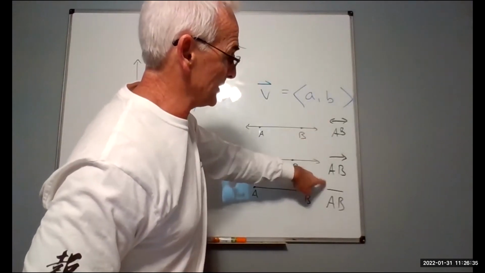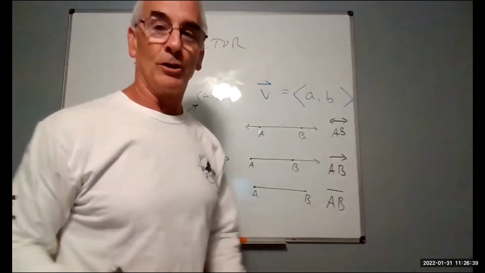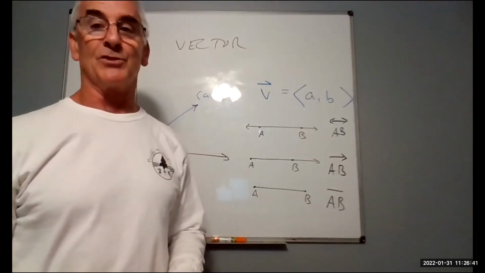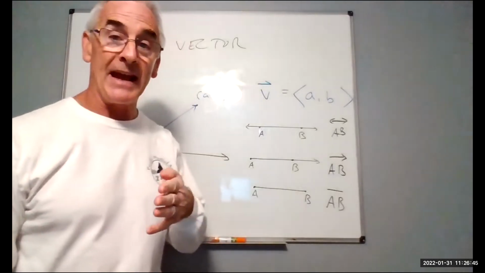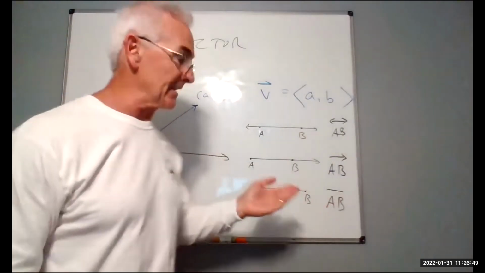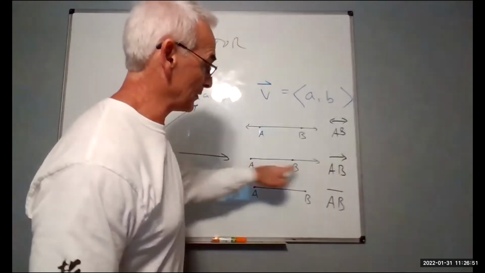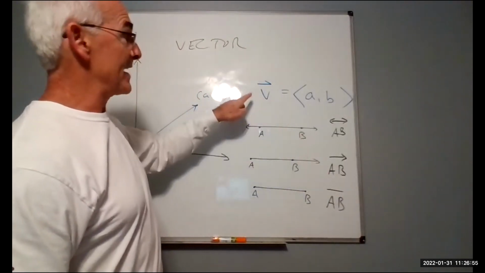Where it can get confusing in the vector sense is vector notation looks a lot like the notation for a ray. It isn't, but there are similarities. A ray has a beginning and it goes in one particular direction. So the second symbol tells me it's passing through the point B. The difference is the ray is forever. The vector is terminal.